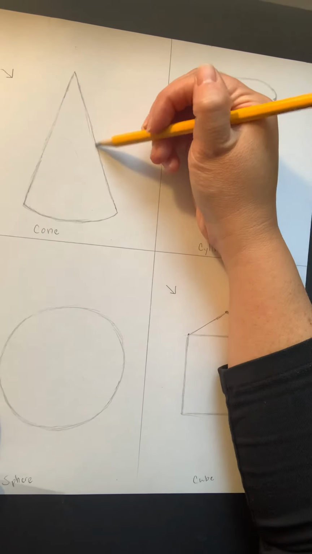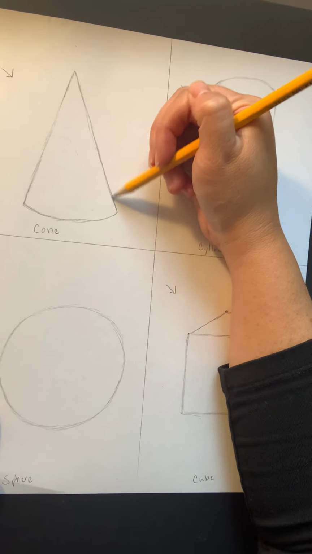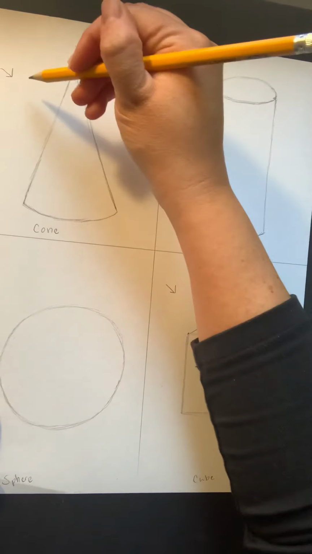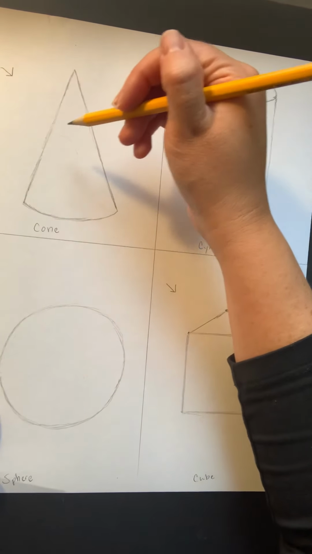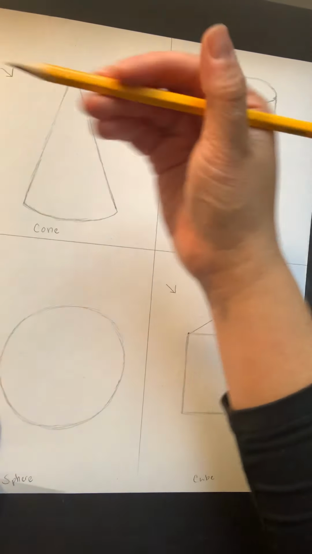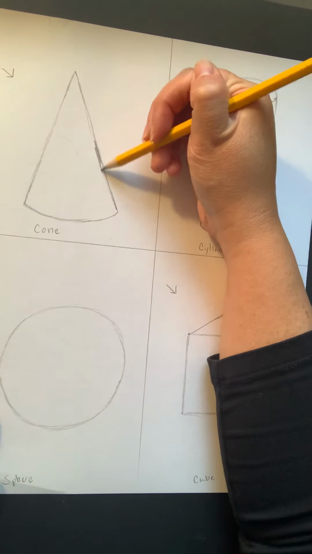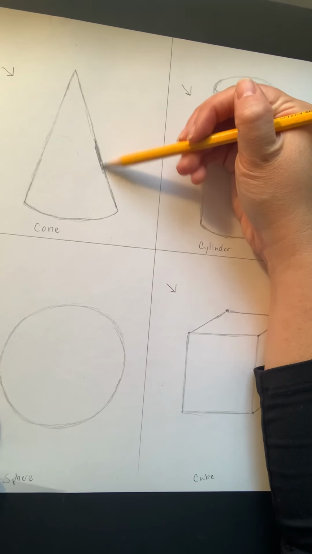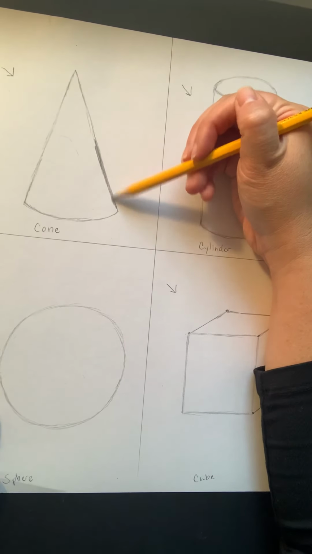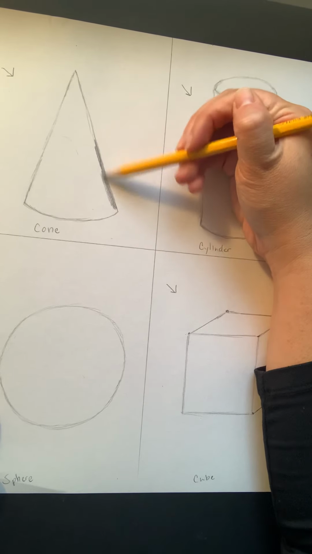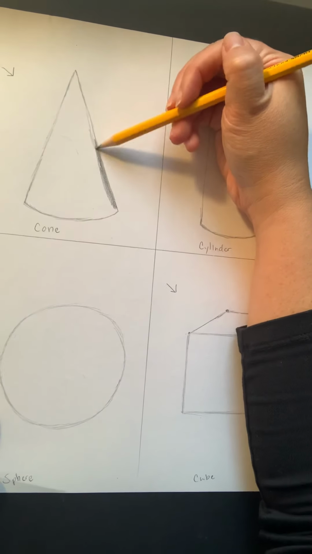So I'm going to start with the cone, and I'm going to start with the darker edge. So I know that my light is coming in from this side. I actually have a real light source happening here. Also, the way you hold your pencil is really helpful to think about.